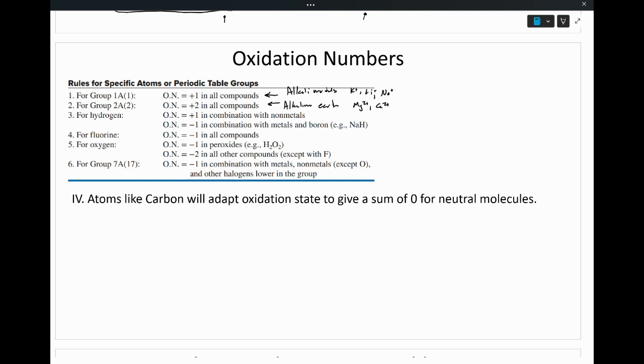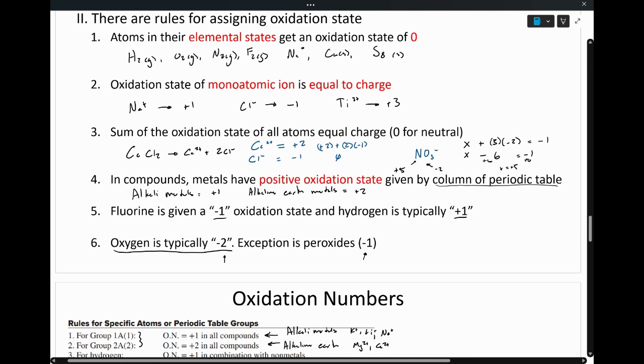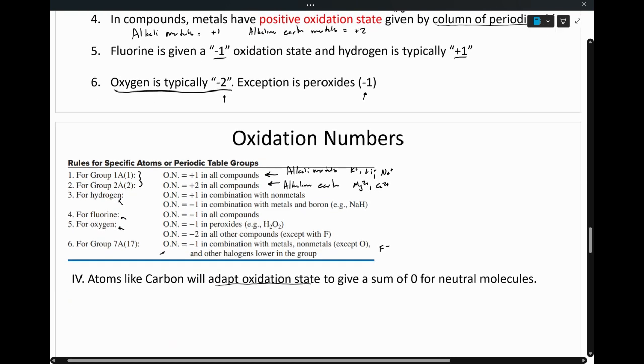Okay. Everything that's not in this table, so the first 2 columns, hydrogen, fluorine, oxygen, and the halogens. So this is things like fluorine. For all of those, we're going to see an adaptation of oxidation state to follow rule 3, to make sure that the sum of all oxidation states equals charge, which is 0 for neutral.